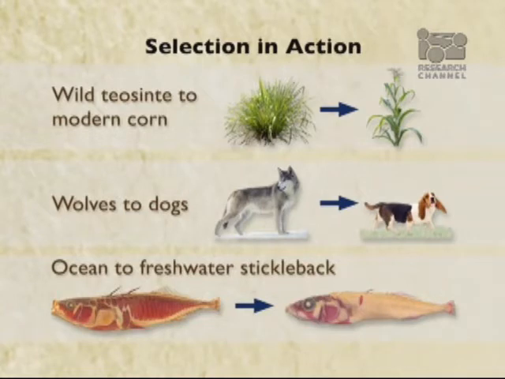Artificial selection has transformed teosinte into maize and transformed wolves into a diversity of different dog breeds. But natural selection can generate equally large changes in completely wild animals that are adapting to the kinds of environmental changes that occur all the time in the history of the Earth.